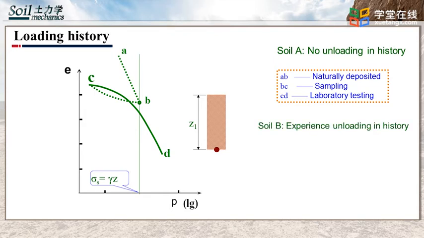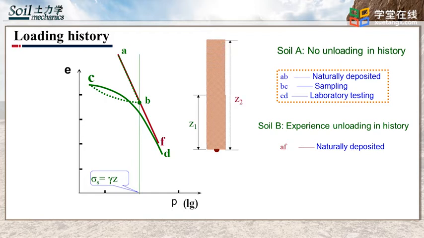For a given soil B, which had experienced unloading in history, line AF represents the process of a natural deposit. The depth of soil is Z2, and this time, the vertical effective past pressure is sigma p. Then, if the soil B is subjected to denudation along the rebounding curve FG, the depth of the soil layer varies from Z2 to Z1.